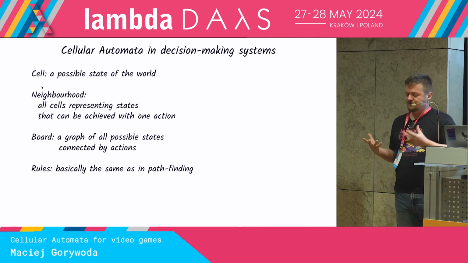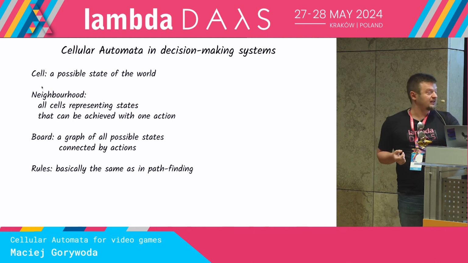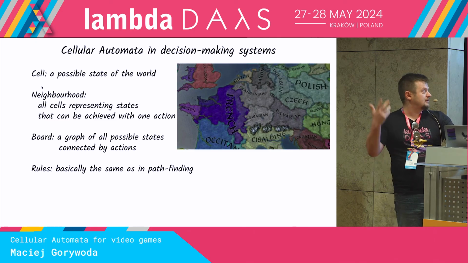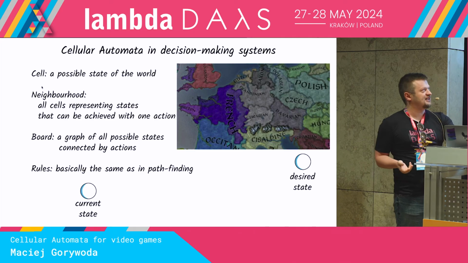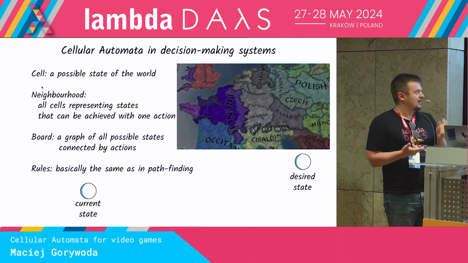And the rules in this case are basically the same as in the case of pathfinding. Let's say I'm Poland here, and I want to invade France. I'm at the current state: I have little army, little wealth, and some resources, so typical Poland.